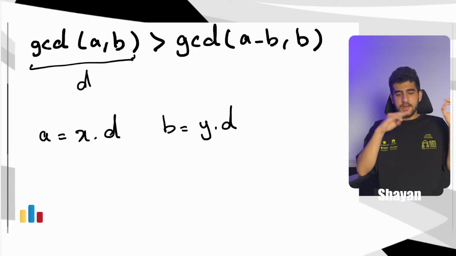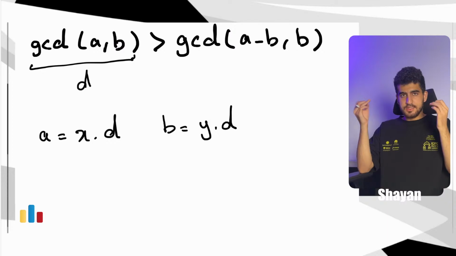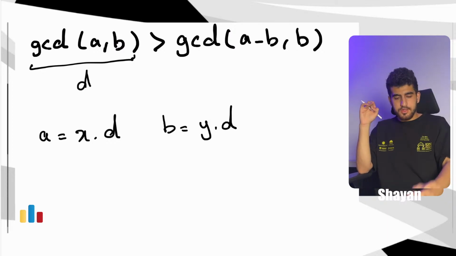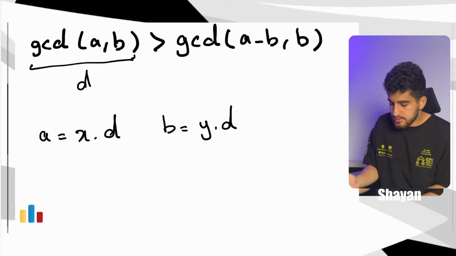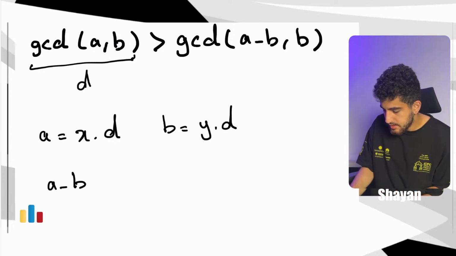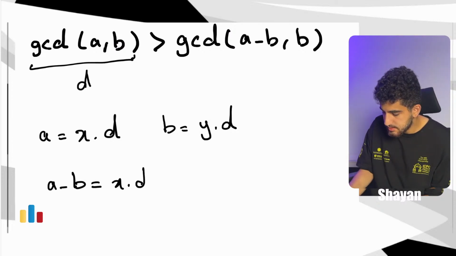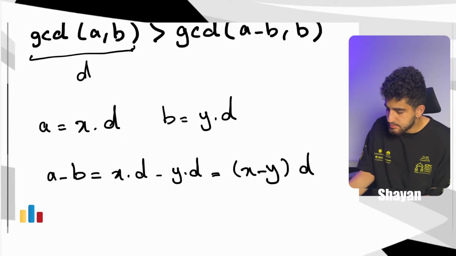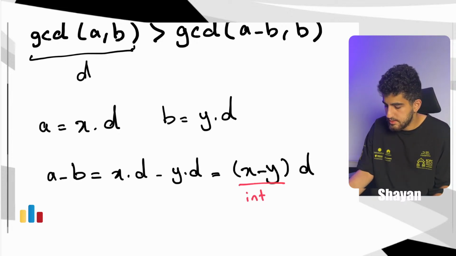So both A and B are multiples of D, right? As a result, A minus B is also a multiple of D, because A minus B is going to be X times D minus Y times D. It's going to be equal to X minus Y times D, and X minus Y is also an integer.